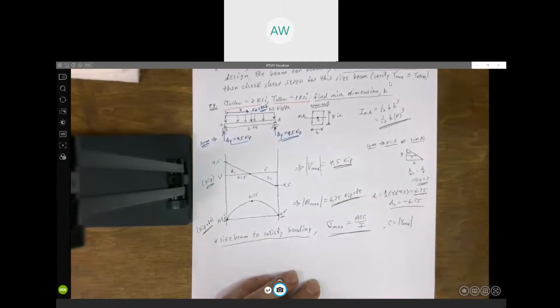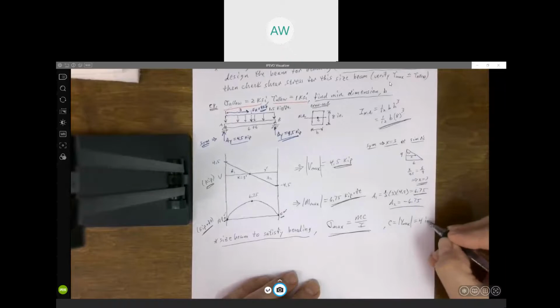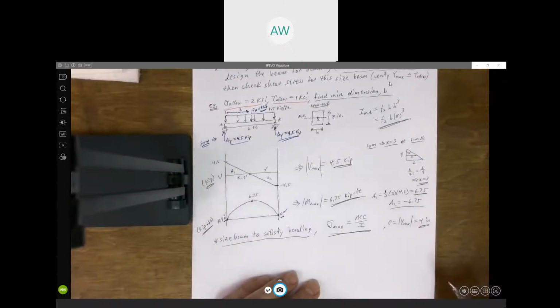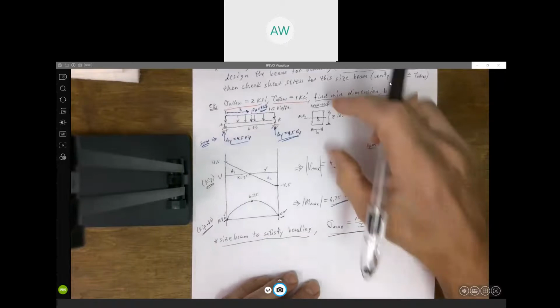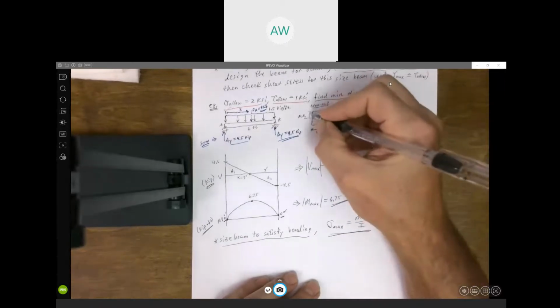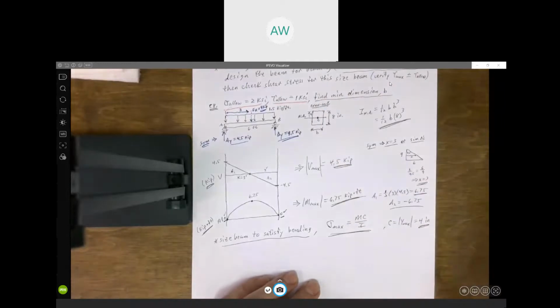It's the absolute value y max, which for our problem is 4 inches. Our cross section is 8 inches tall, so that would be 4, and it'd be the same to the top and the bottom. If one was larger, you'd use the larger one.